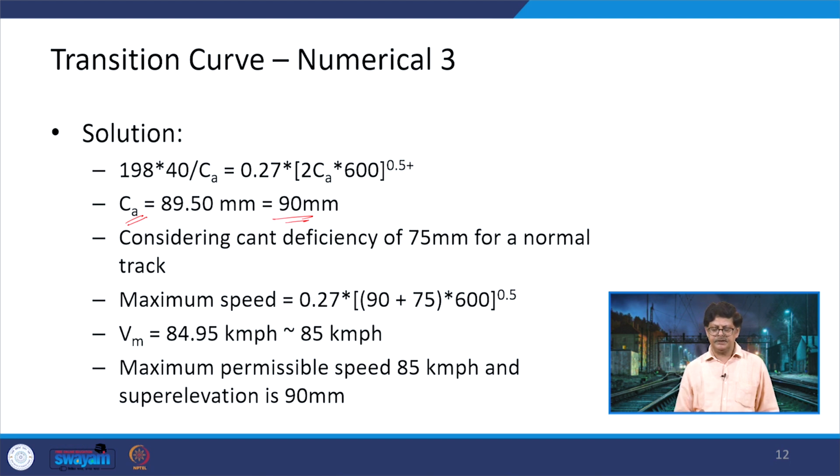Now, considering the cant deficiency of 75 mm for a normal track, we get the maximum speed as 0.27 times the square root of (90 plus 75) into 600, and this comes out to be 85 kilometers per hour. Therefore, the maximum permissible speed will be 85 kilometers per hour, and the maximum superelevation which we are providing here is 90 mm.